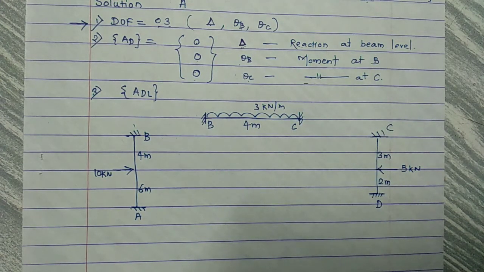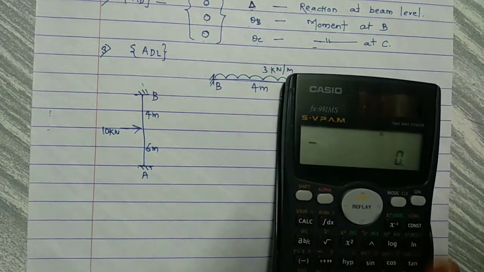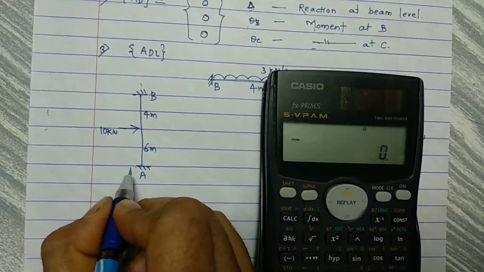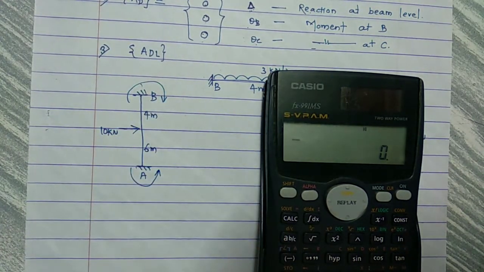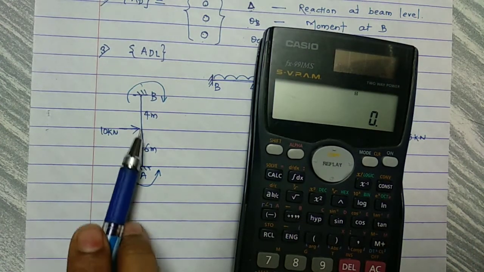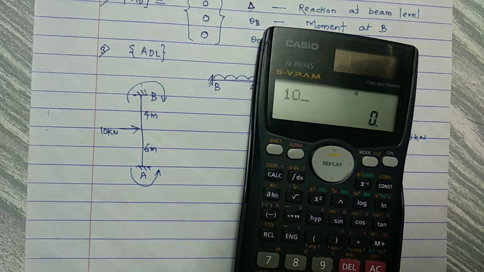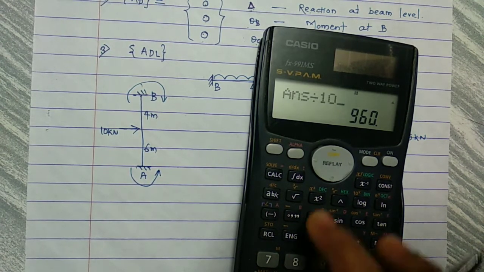Okay, so here we'll calculate for member AB. For member AB, the moment at A will be anti-clockwise, at B it will be in clockwise direction. At A the moment is W a b square upon L square. So 10 into 6 into 4 square divided by L square.